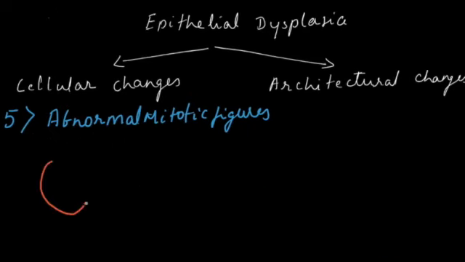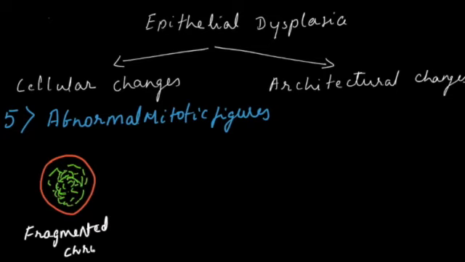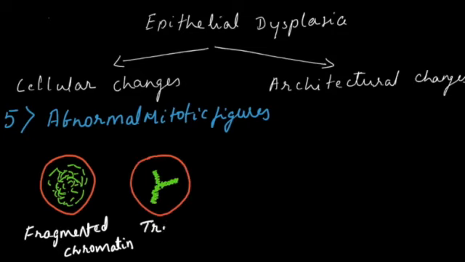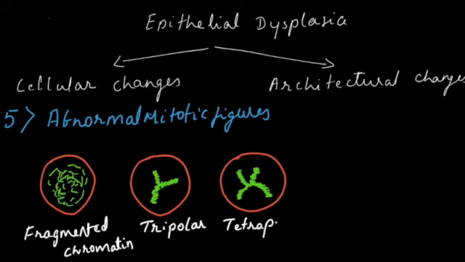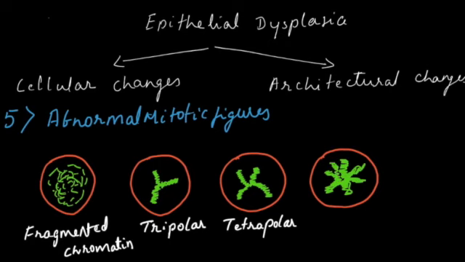Now we'll know which are the atypical mitotic figures. I'll be drawing all the atypical mitotic figures. Here is the first one with fragmented chromatin. Here you will be seeing chromatin arranged in 3 arms, and it is tripolar. Similarly, we have something called as tetrapolar chromatin arrangement, and with multiple arms chromatin arrangement like this will be called as multipolar.